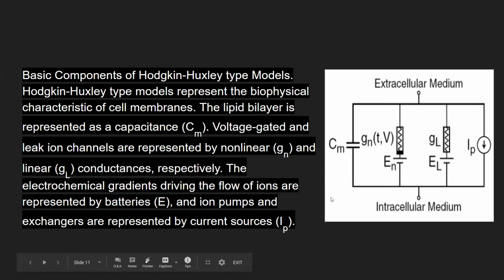The electrochemical gradients driving the flow of ions are represented by batteries E, and ion pumps and exchangers are represented by current sources IP.